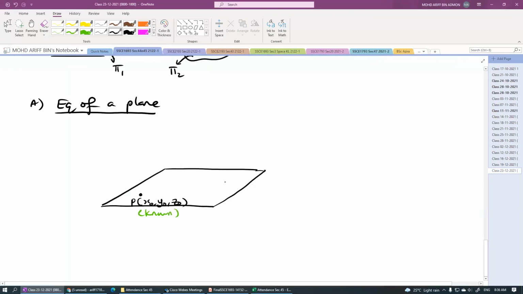We also have an arbitrary point Q, similar to our line, in any location located on the plane. Maybe Q is located here, maybe here, maybe very close to P. But for this illustration, I am considering Q here. So this is actually arbitrary.